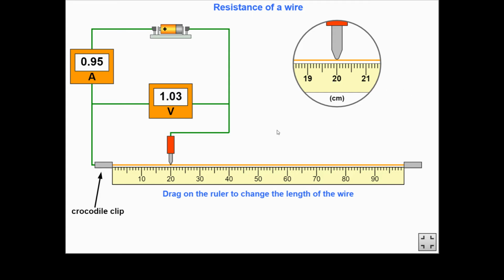Notice that as our length of wire increases, and we're now going to go to 40, the potential difference is going up and the current is going down. Remember Ohm's law, V equals IR. There is always that relationship between them, particularly in an ohmic conductor.